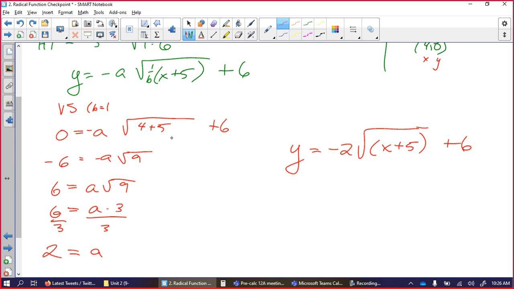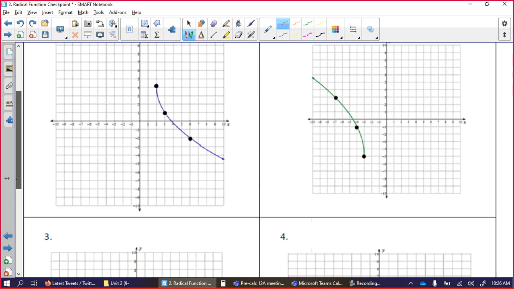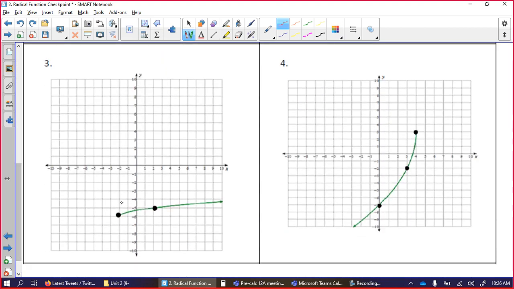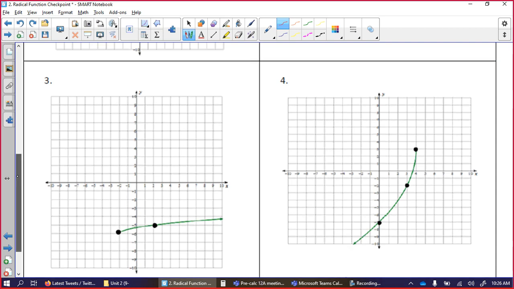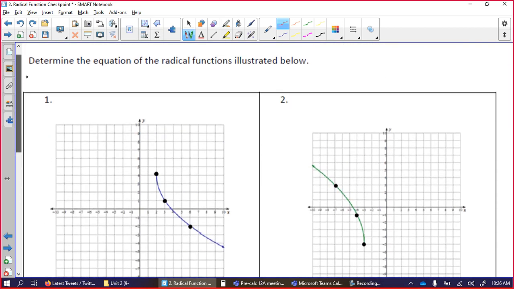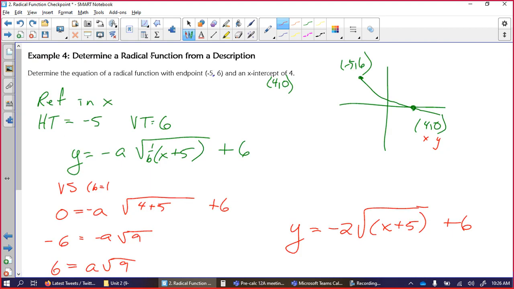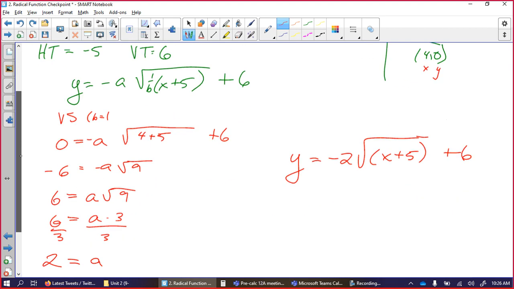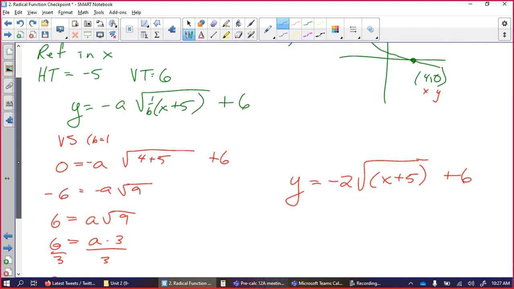That's just one way to do it. You can do these just visually and treat them as a vertical or horizontal stretch by eye. There's absolutely nothing wrong with that if you're given a graph. If you're not given a graph, you would have to go through and do it algebraically. So that is it for today.